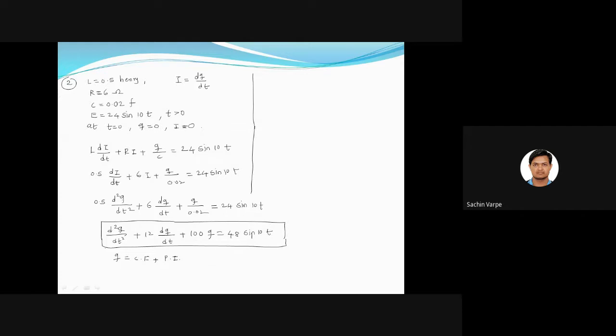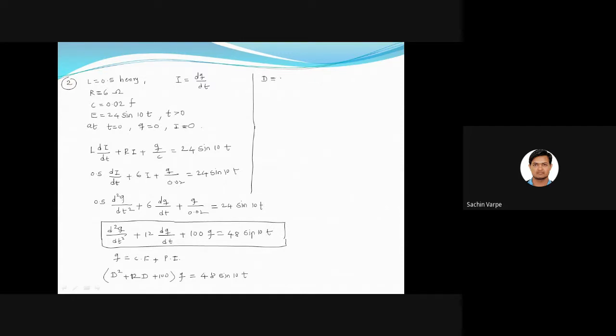So the capital D form associated with this is (D square plus 12D plus 100) q equals 48 sine of 10t, right? So what are the roots here?